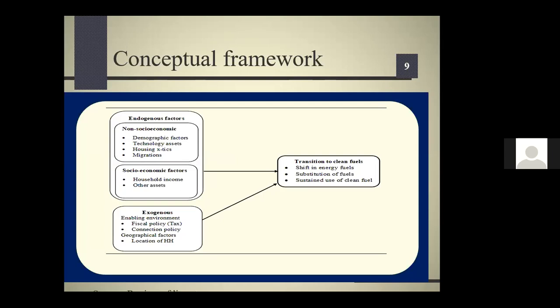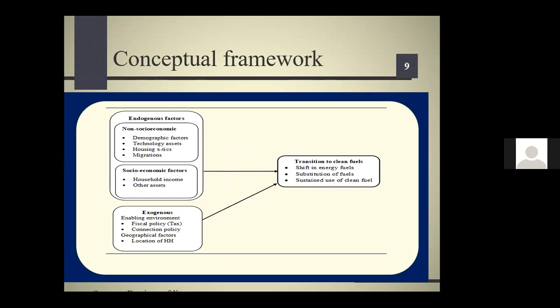I have this idea that these endogenous factors, which I've grouped as socioeconomic and non-socioeconomic factors, are factors within the household. And my thinking is that these factors should be able to influence the decisions that households make in order to transition. And then these exogenous factors, in my thinking, are just the enabling environment.